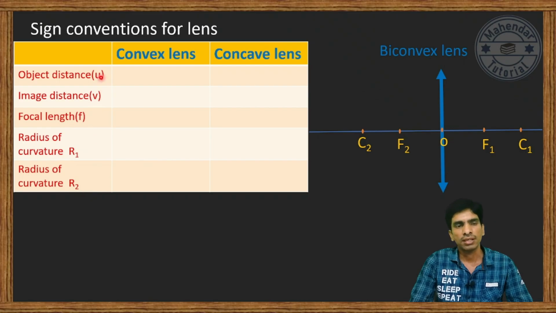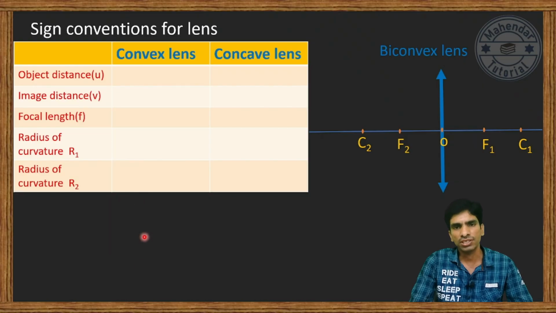So these are the terms which we use while doing numericals or when substituting in the lens maker's formula. First we see for biconvex lens how the sign conventions will be for these terms.